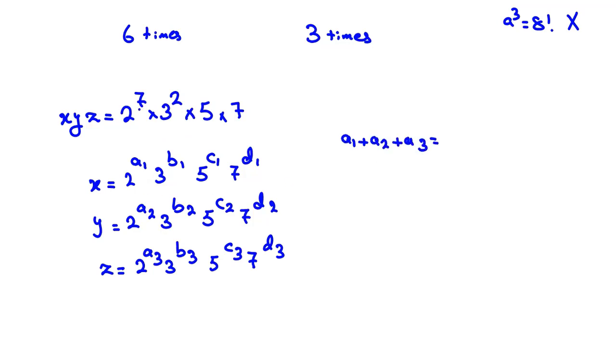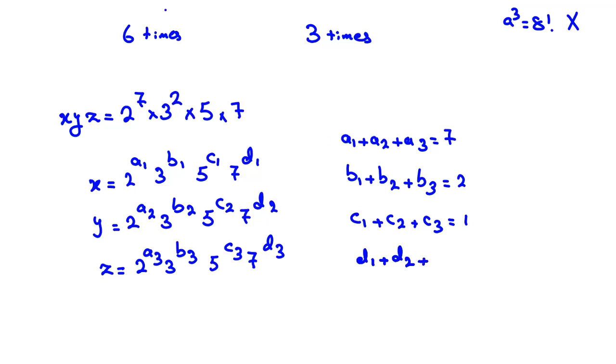Because the product is 2 to the 7, the sum of the powers should be 7. b1 plus b2 plus b3 should be 2. c1 plus c2 plus c3 equals 1. d1 plus d2 plus d3 equals 1. And the ai's and all these things should be at least 0.